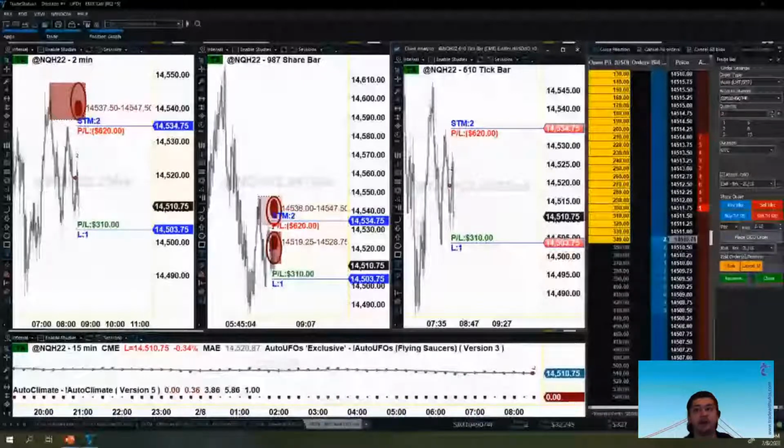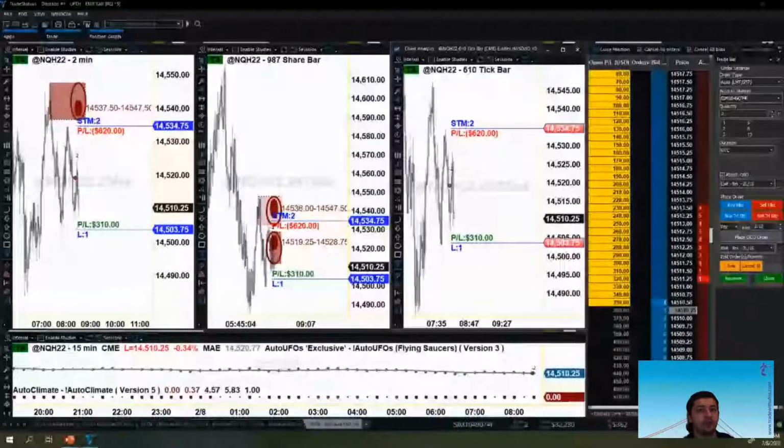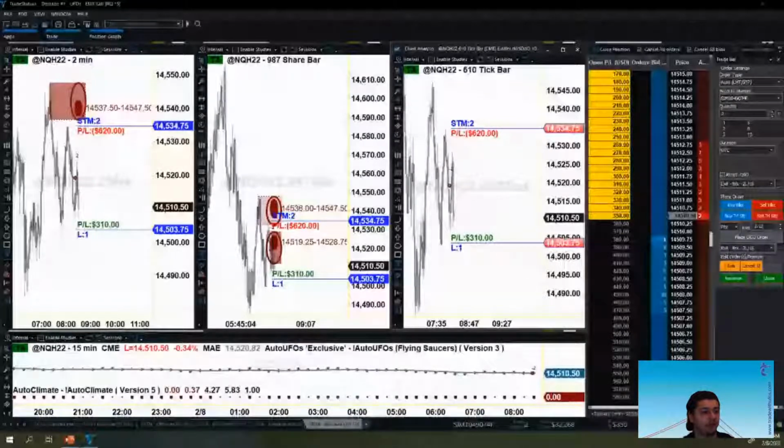Wait, did it already pop T1? I think, did it pop T1? Because on my other platform here, it's showing that it did. 14,528. Hold on, let me double check that. I think it might have already hit it.